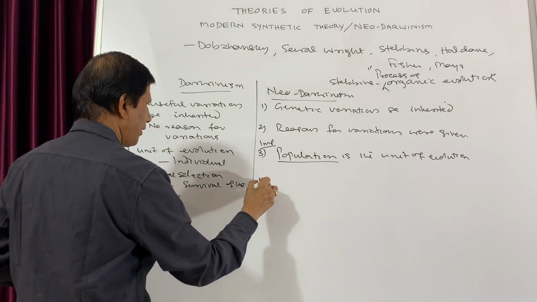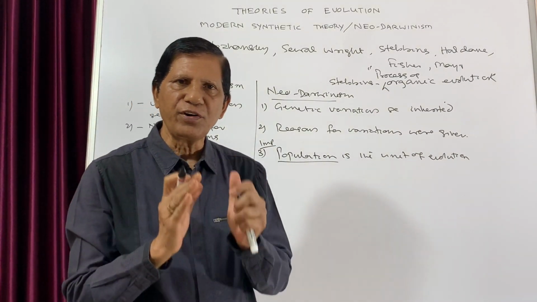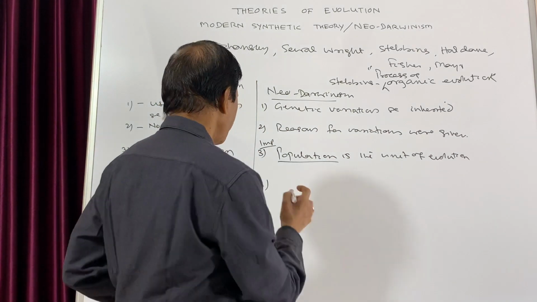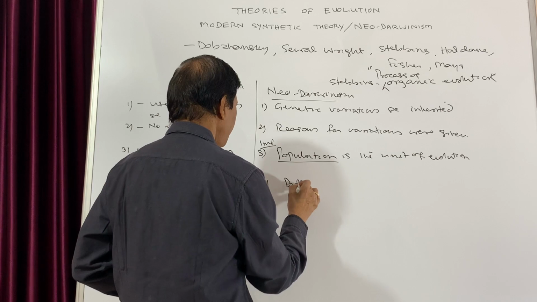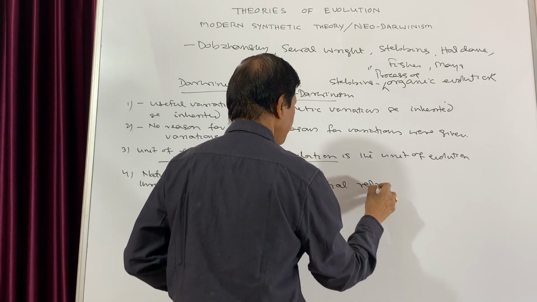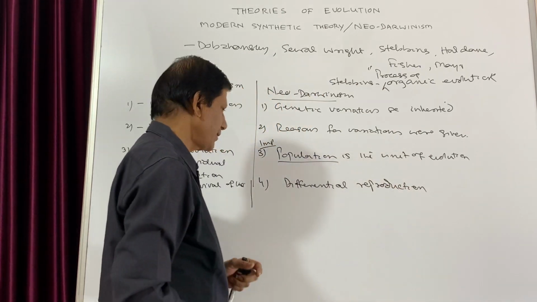But according to Neo-Darwinism, it is due to differential reproduction of the population. Differential reproduction. This is also one of the major differences.